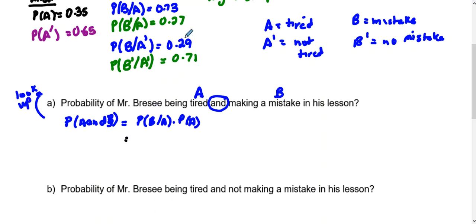Okay, so B given A is 73% times 35%. Okay, so I can go 73 times 35. That is 2555. That's it.